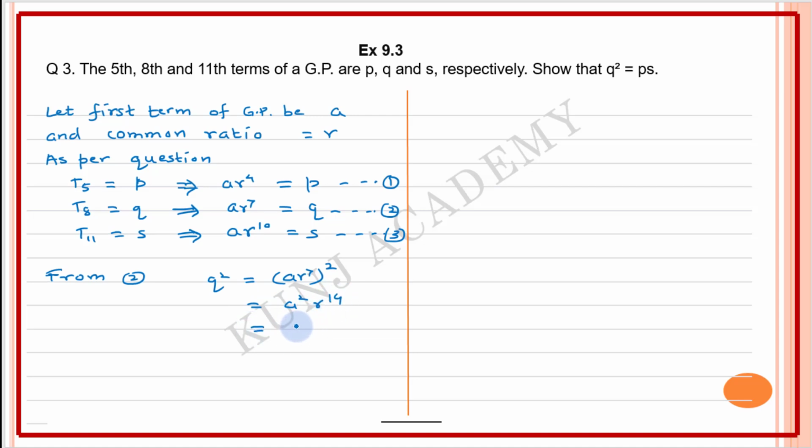It can be written as ar^4 into ar^10, since 14 is 4 plus 10. ar^4 is P and ar^10 is S. From 1 and 3, proved.